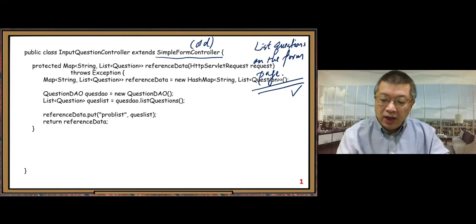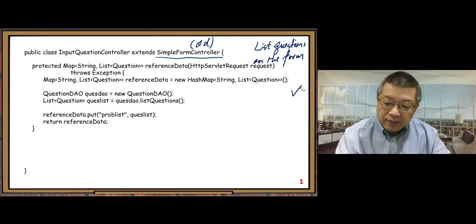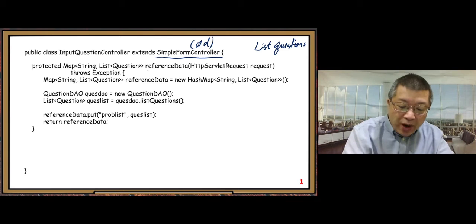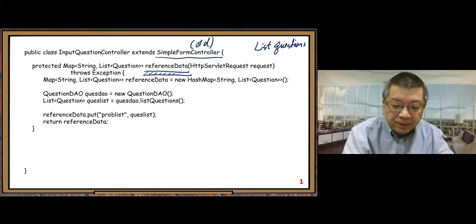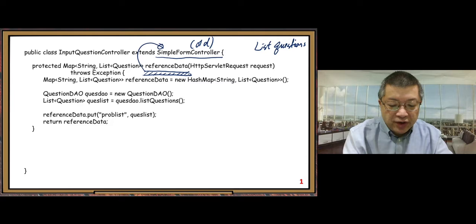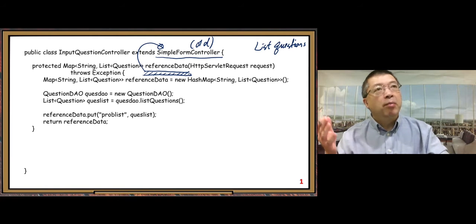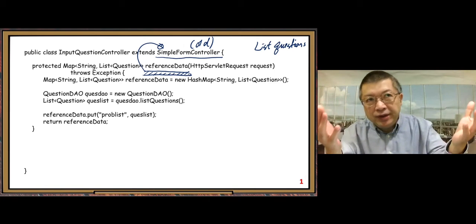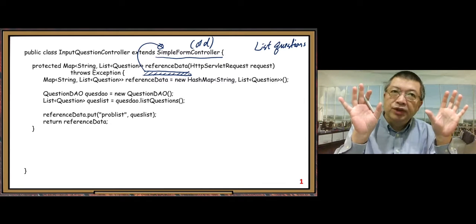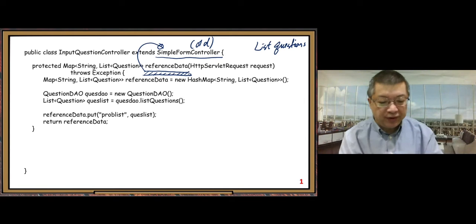Look at this. This is the special method. It's called reference data method. This one is associated with the simple form controller, but we need to override it. We need to provide our new content to this method.